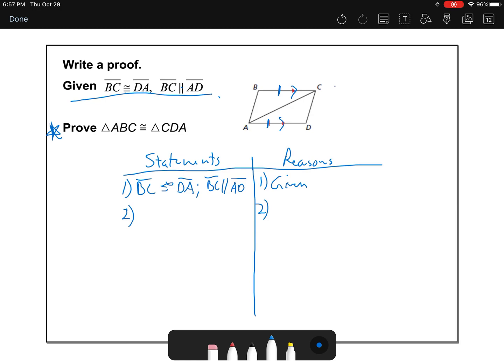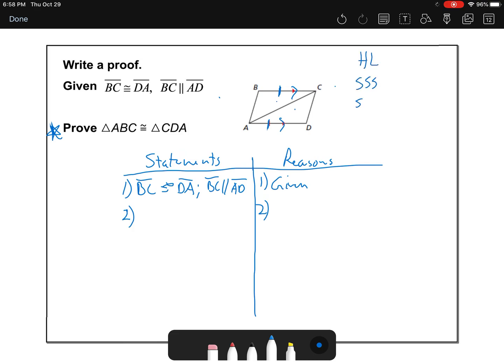Okay, now from those 2 facts, the question is, can we prove that these 2 triangles right here are congruent? Now we've got to take a step back and ask ourselves, what are the ways to prove triangles congruent? There are 6, if you recall.